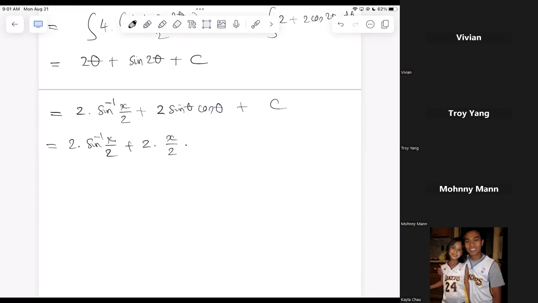So to find cosine theta in terms of x, you need to draw a right triangle. For example, I assume that this angle is theta.